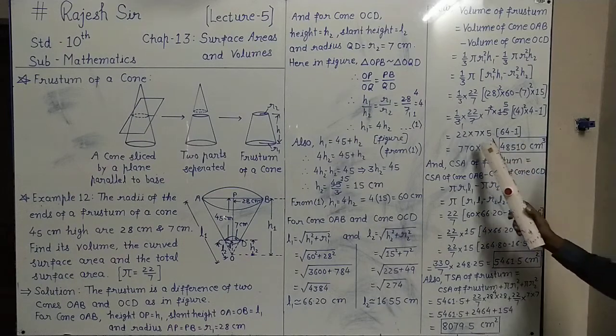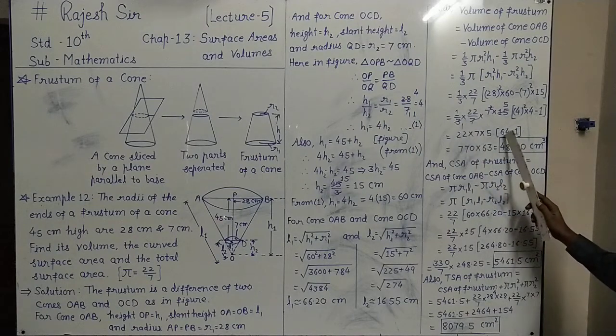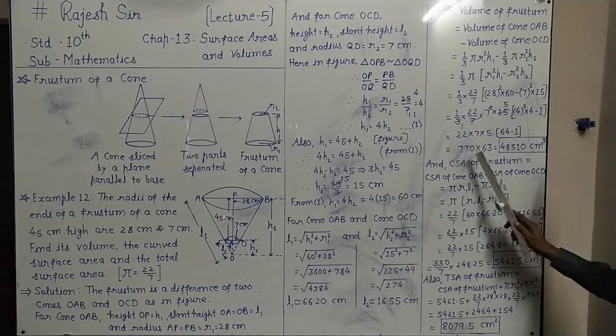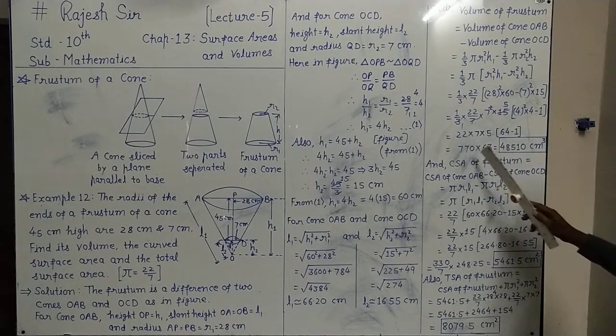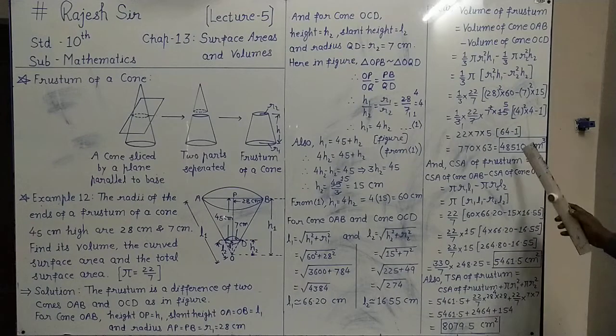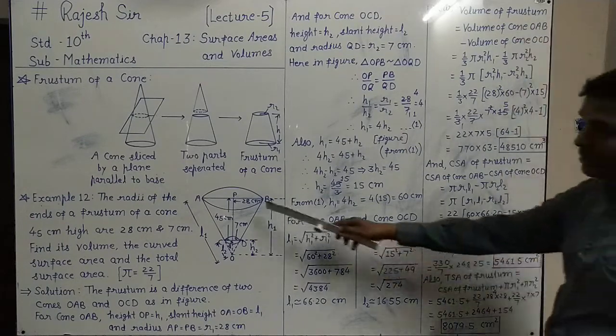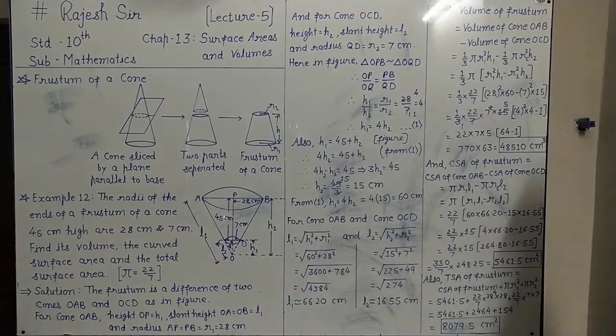Now multiply these all. 7 fives are 35 into 22 is 770, and the bracket remains 64 minus 1, which is 63. Now multiply these two also: 77 into 63 gives 4851. So in all it is 48,510 centimeter cube, the volume of the frustum by simplification.